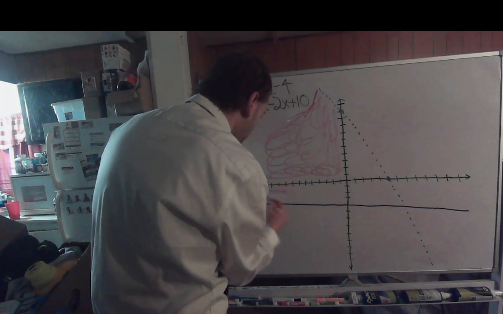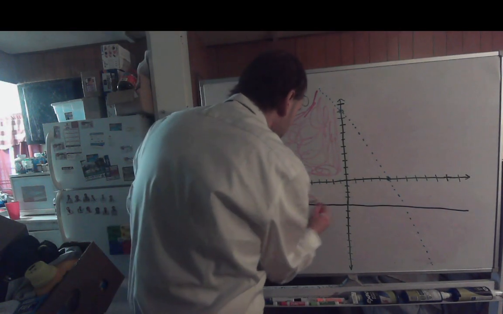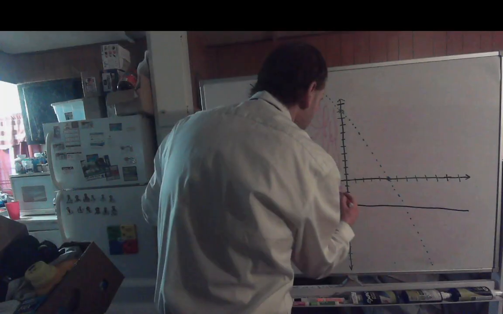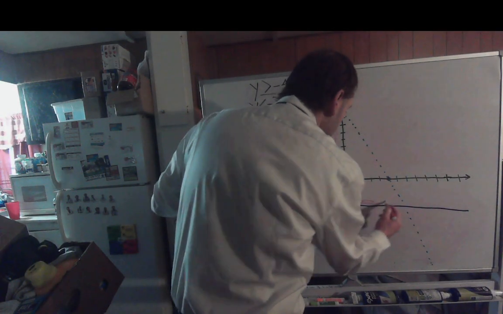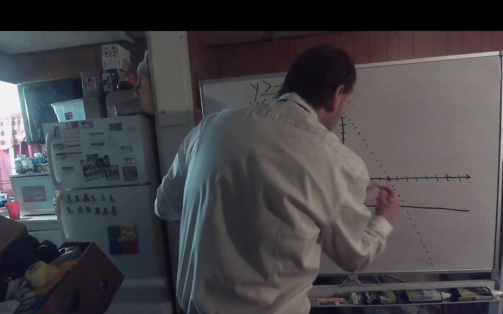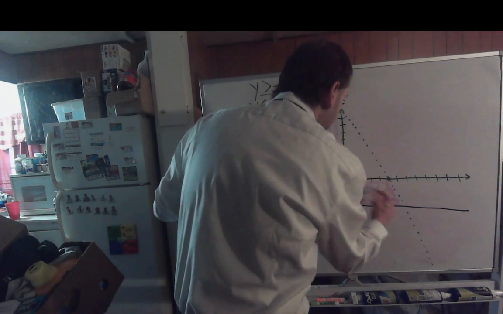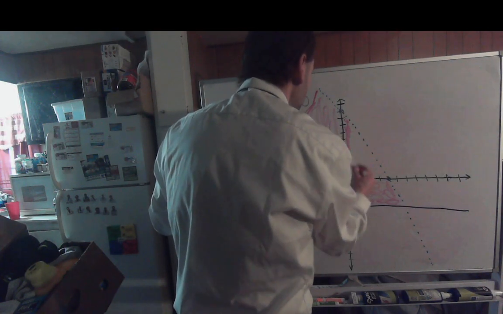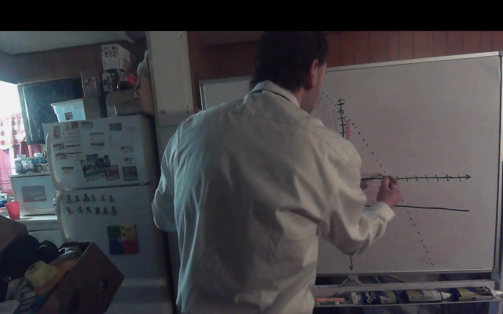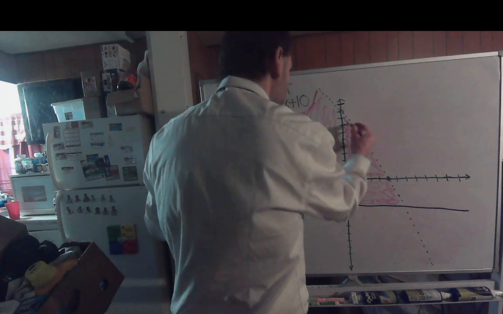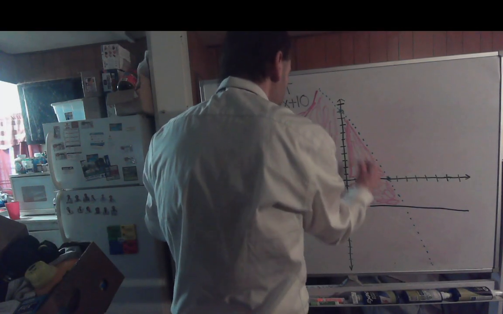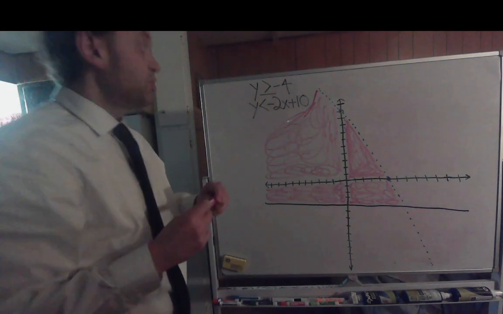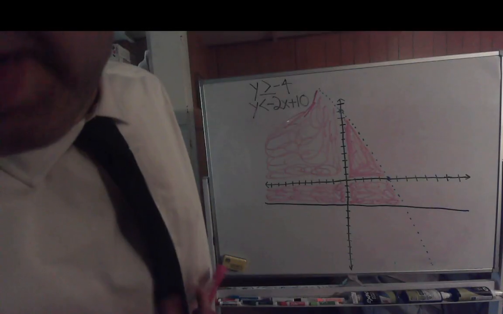This isn't an art class, so I'm not super worried about it. You just want to get the rough idea of the region that you're shading. So here would be the shaded region that would meet both of these criteria, right in there.